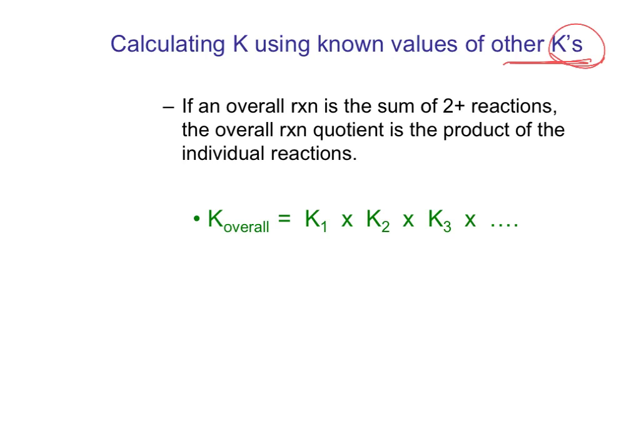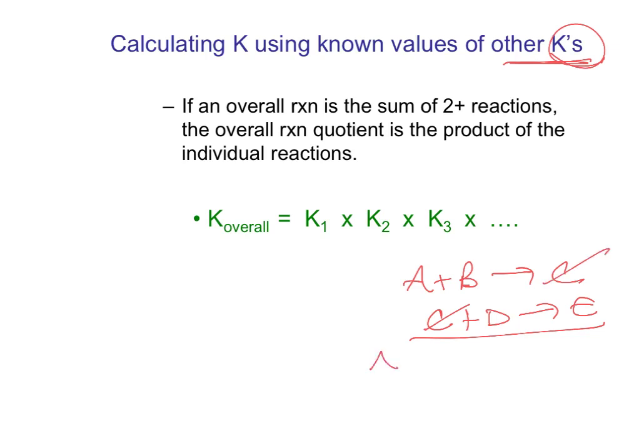Example: if you have two reactions that add together to give you a third reaction, let's just say A plus B equals C, and then C plus D equals E. You should know by now how to add reactions together, right? Hess's law and all. So the overall reaction, A plus B plus D gives E, is a result of adding these two reactions together.